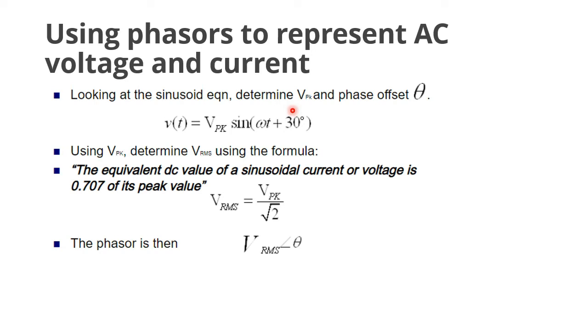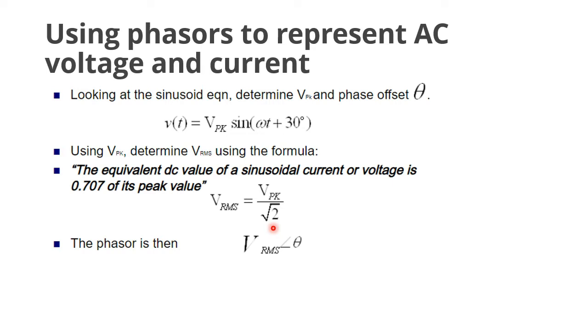If we have V peak and the phase offset, then we can derive the phasor. With the help of V peak, we can determine Vrms. To convert the peak value into the RMS value, we just divide the peak value by root 2. Vrms means root mean square voltage.